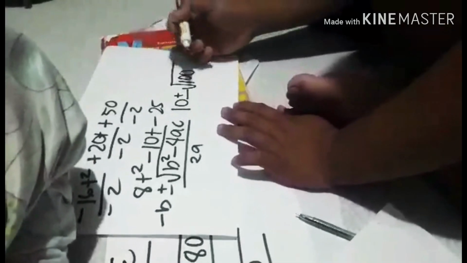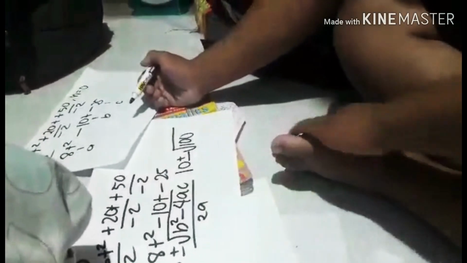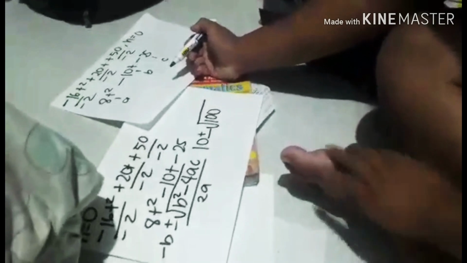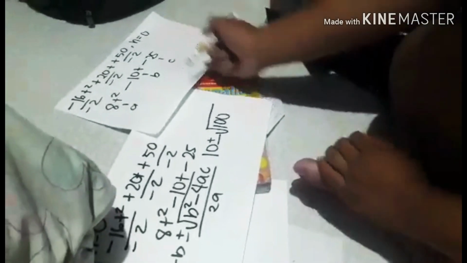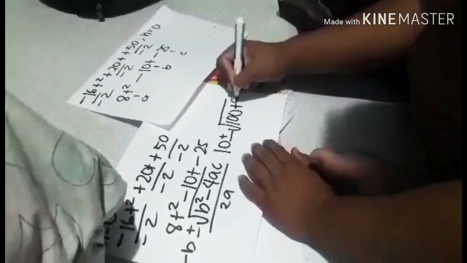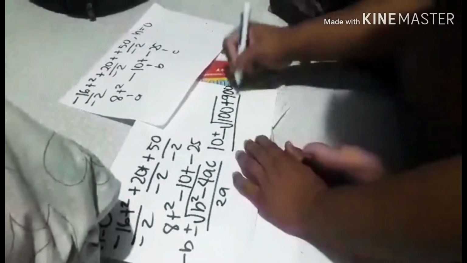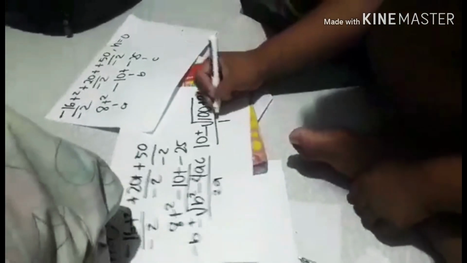A is equal to 8. So 8 times 4 is equal to negative 32 times c, negative 25, so equal to 900. So, plus 900 over 2a. 2 times 8 is equal to 16.